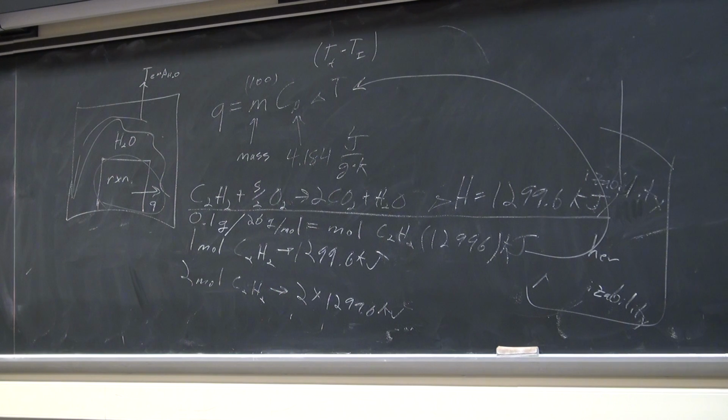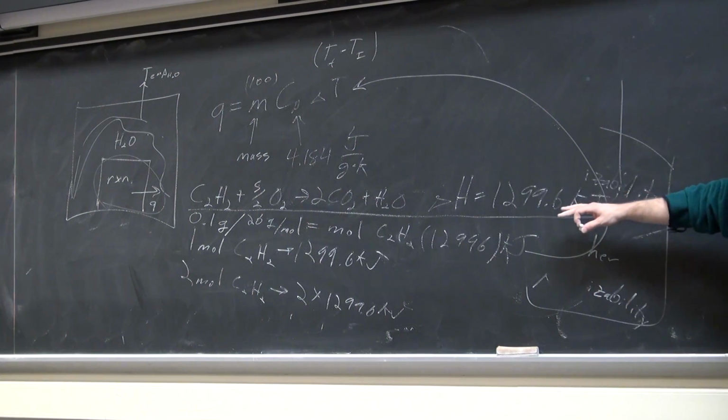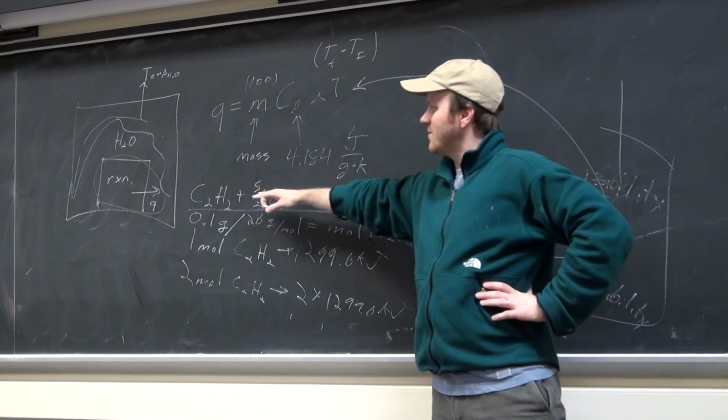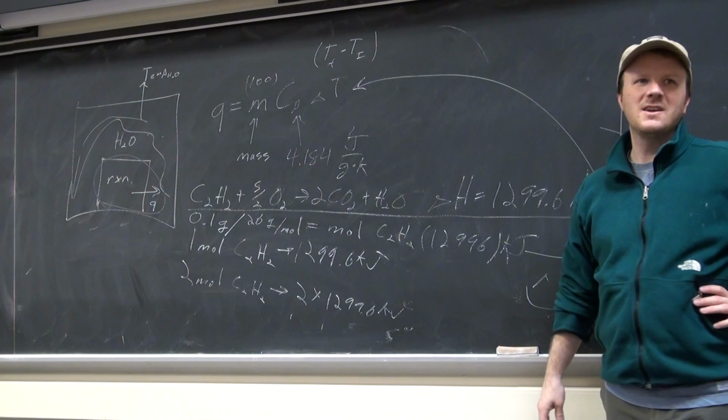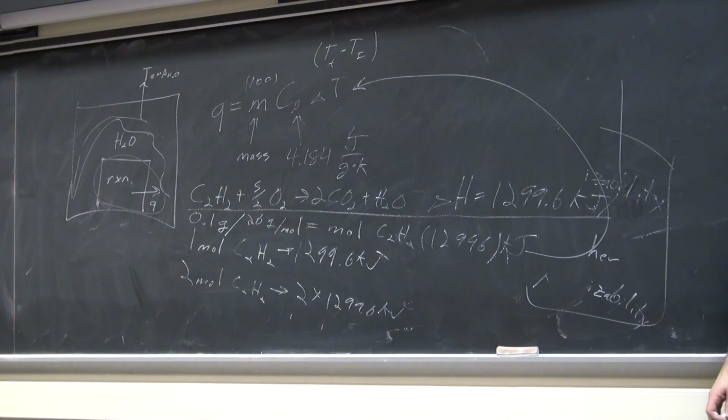And so, you know, I probably won't make you go through the whole thing on the final, but I could certainly ask you the parts. Say I gave you this reaction and I said, how much heat is released when I burn 6 moles of acetylene? 6 times this, you know. So you just solved for Q, what did you just solve for right there?